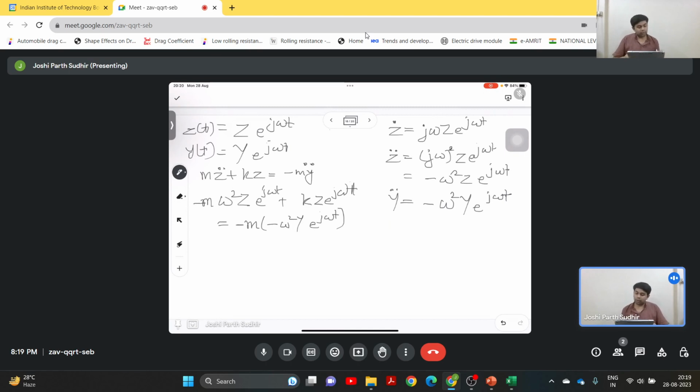So therefore we can write (k minus m omega square) Z is equal to m omega square Y, or in other words Z by Y is equal to m omega square upon k minus m omega square.